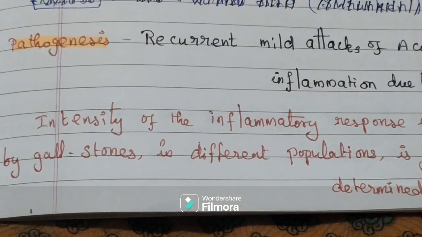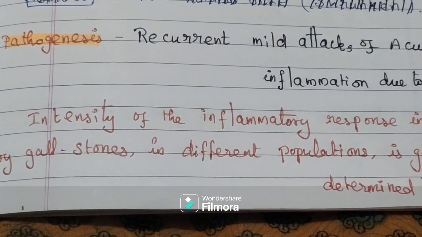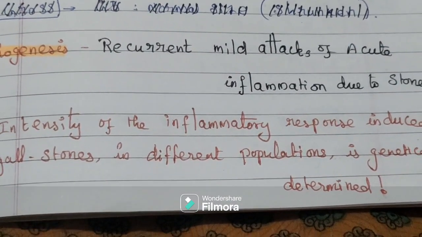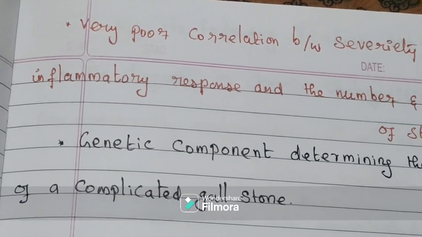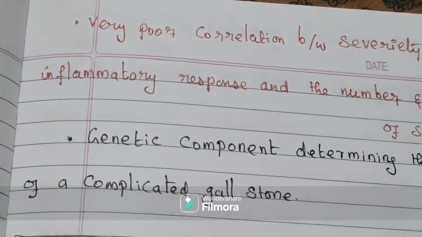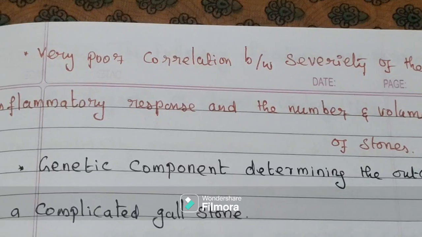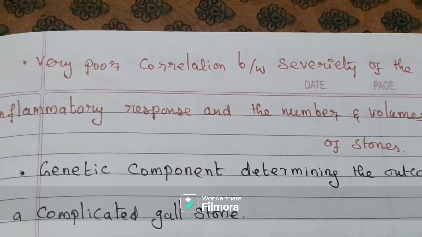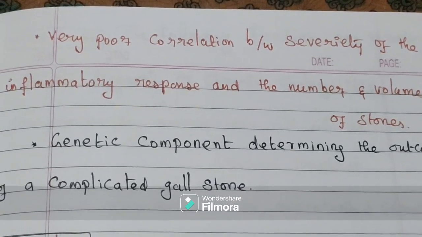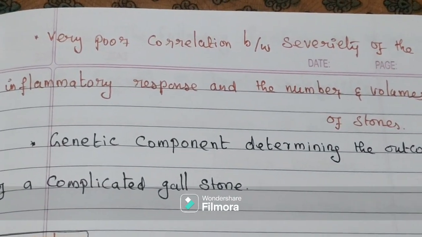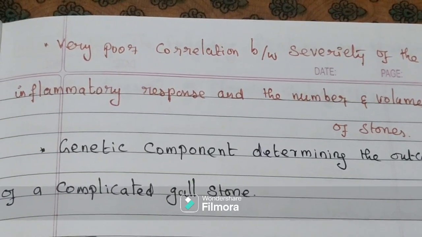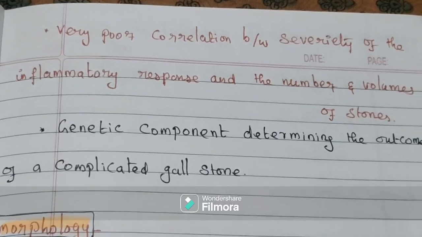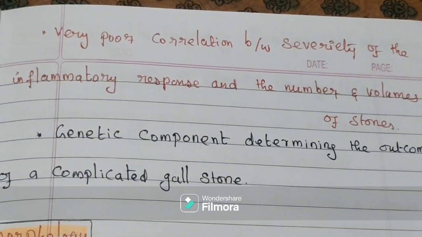The pathogenesis of chronic cholecystitis is recurrent mild attacks of acute inflammation due to the stone. We need to understand that the intensity of the inflammatory response induced by gallstone varies in different populations, and it is genetically determined. Why do we say this?